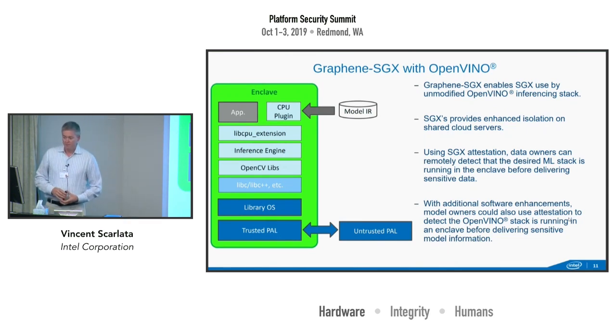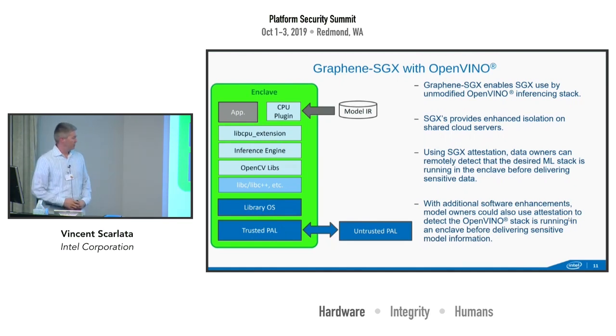And now SGX is providing the isolation from the outside environment. The network shield provides attestation so that before submitting the images into the classification engine, you get an attestation that says, this is OpenVINO. It's not something that's going to spill out your images. It will run this particular model on it and respond back with the results.